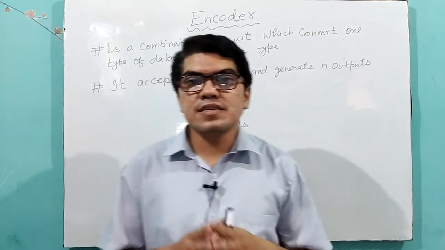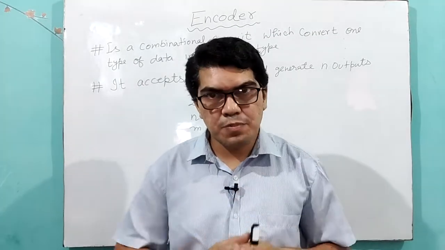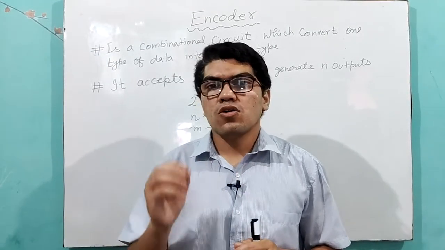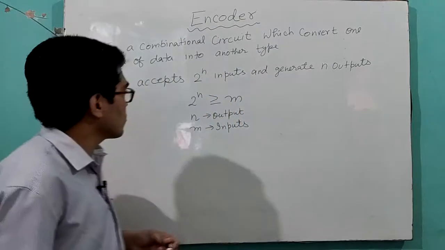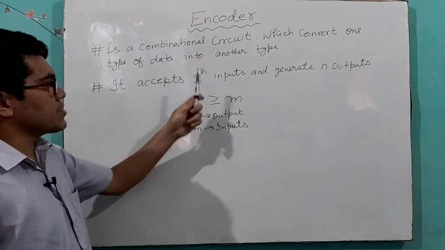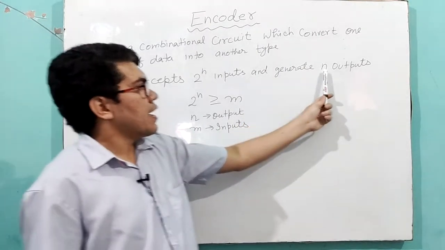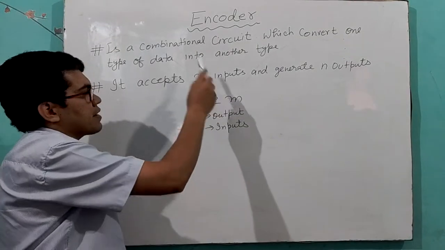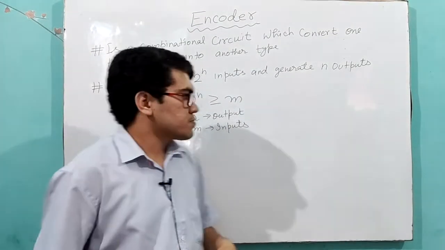In most cases we convert one type of data into binary type, like decimal to binary encoder, octal to binary encoder, etc. An encoder accepts 2^n inputs and generates n outputs. If there are 2^n inputs, we need n outputs.